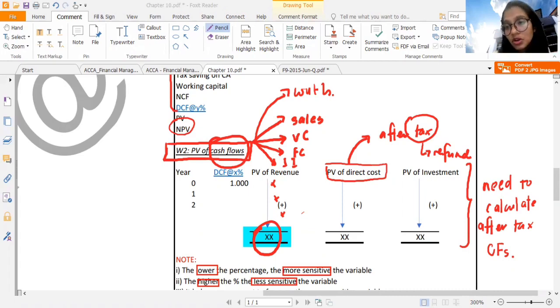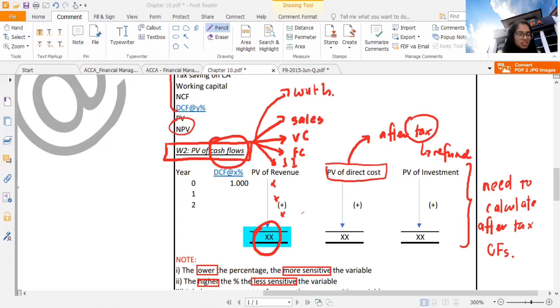I have not taught you how to calculate sensitivity of project discount factor, and I've not taught you how to calculate the sales volume. So that is something that we need to pay more attention to. We need to be careful of, because we really need to ensure that we know how to calculate all these figures.